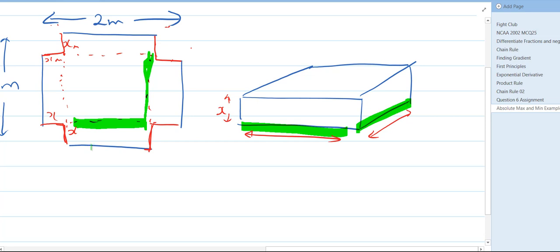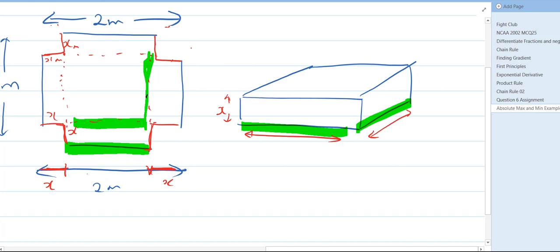Now the question is, how long is this part here? Well, think about it logically. You know that from here to here is 2 meters, and you're removing part of this length, which is x, and you're also removing this part of the length, which is x again.